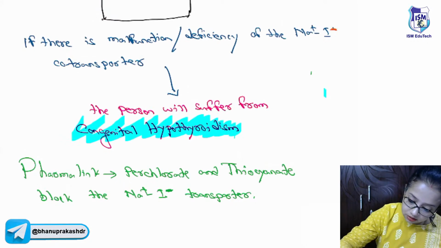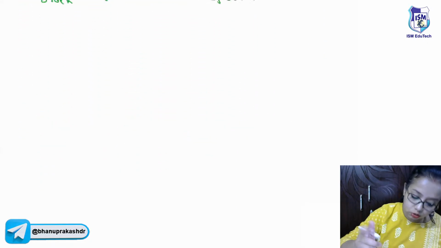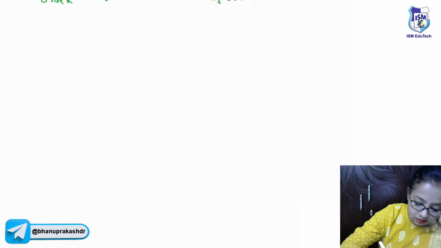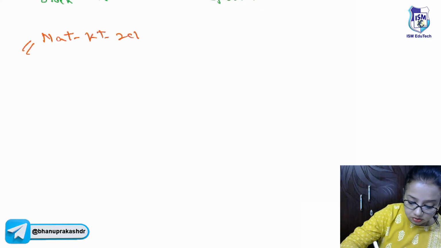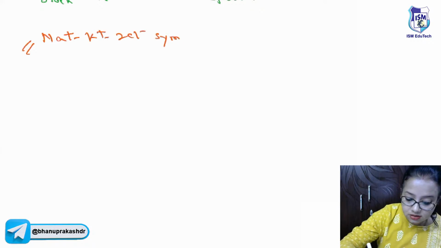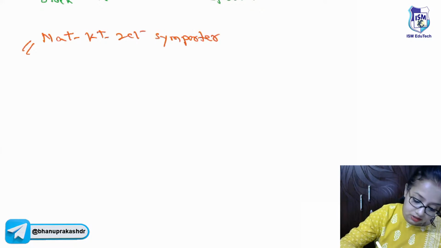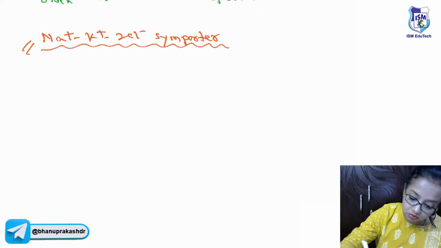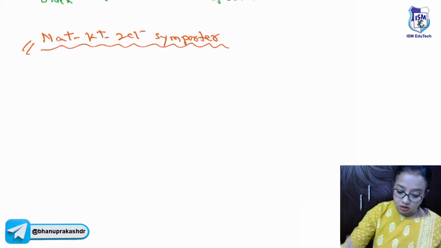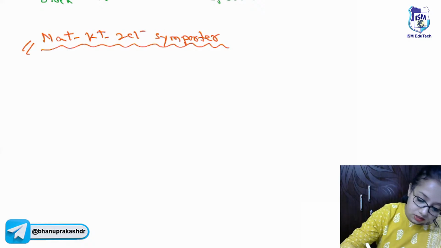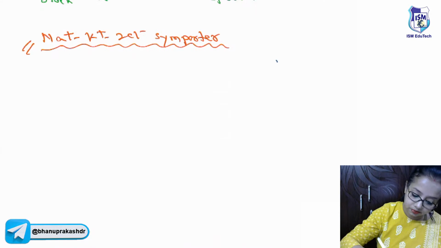Okay, now comes the third one, that is the sodium potassium chloride symporter. Now, this is a transporter that you are quite well acquainted with. You all have an idea about where it is. This one is found where?